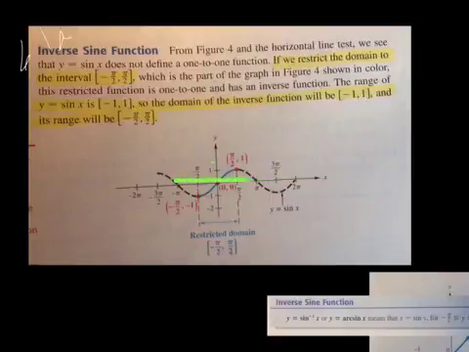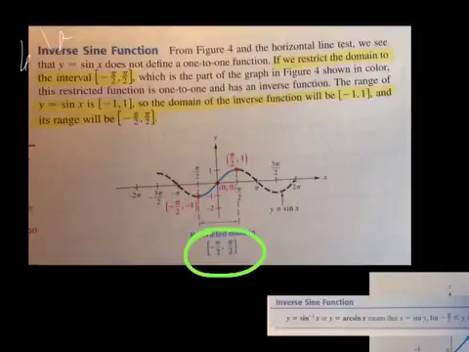So we're going to say that it's one-to-one between here and here. So pi over 2 and negative pi over 2. So we're going to use that as our interval. So we're going to look at that right there.